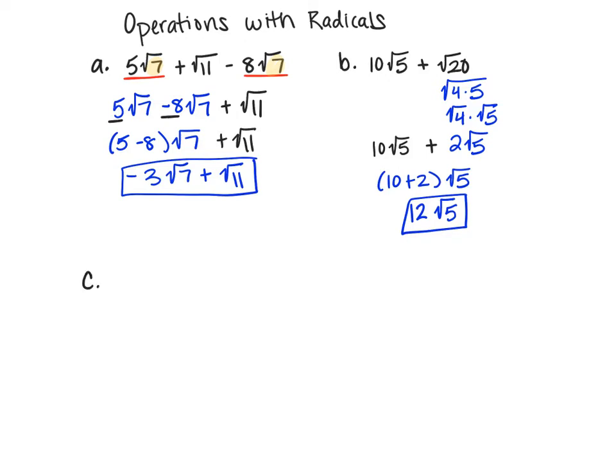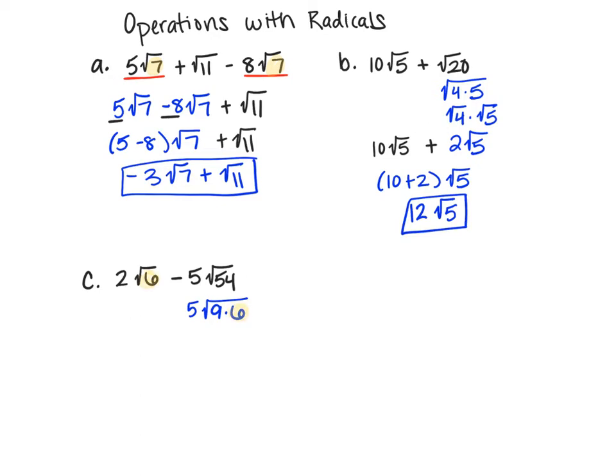Let's try another one. So your next one's going to be 2 root 6 minus 5 root 54. So I know 54 is going to be made up of a 9 times a 6, and that way I have a root 6 and a root 6.